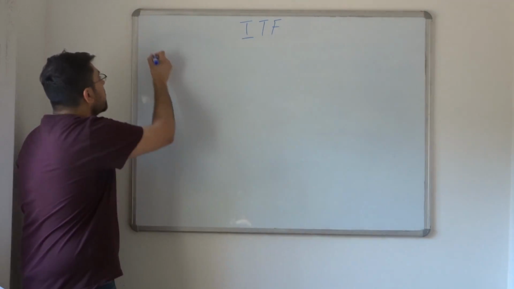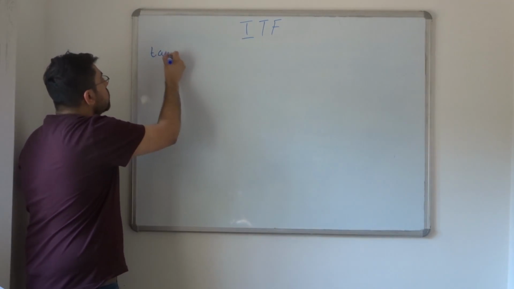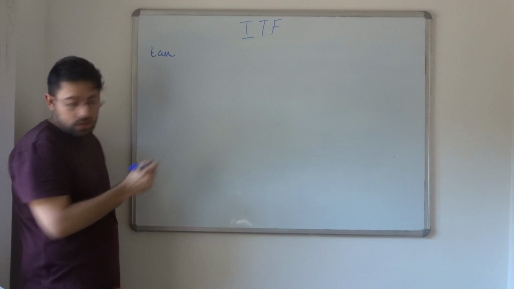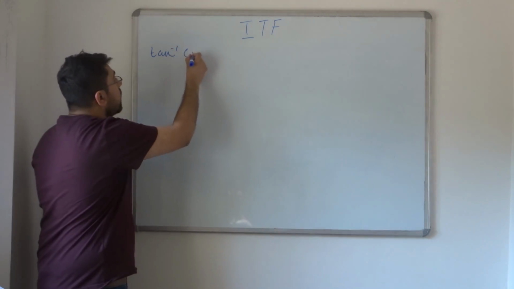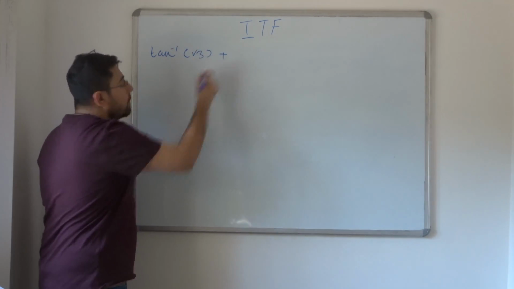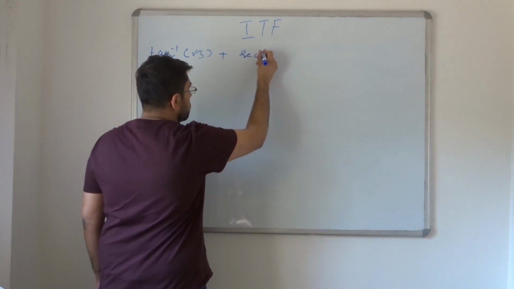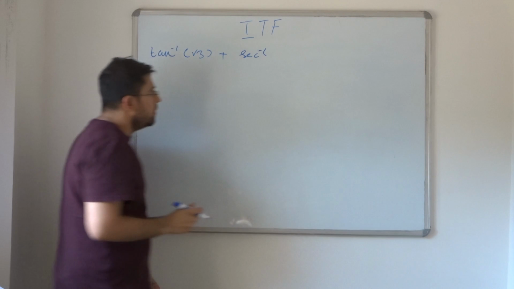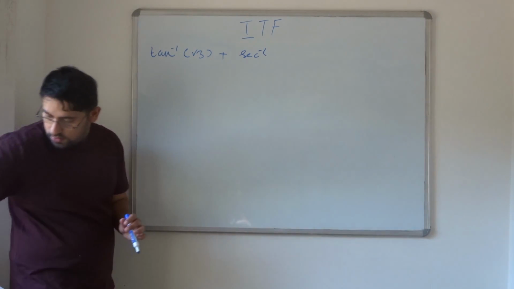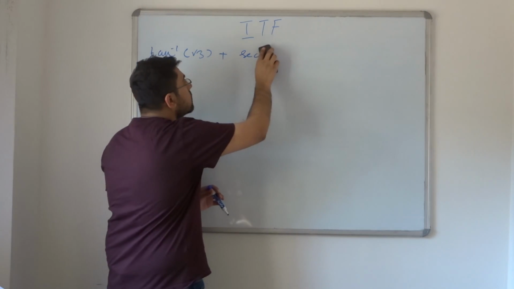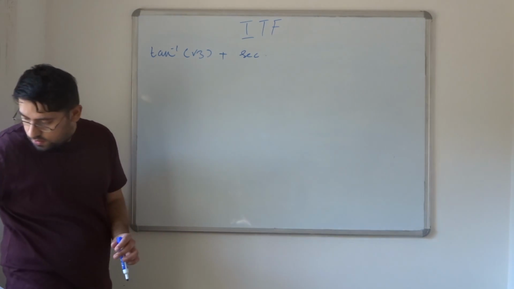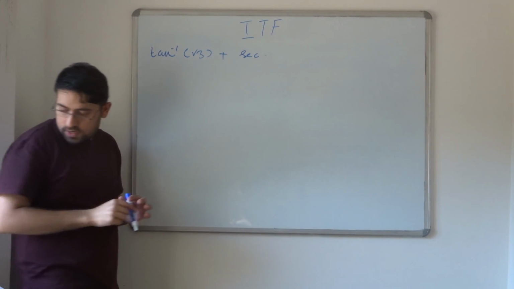Okay, so this is the next one now. tan root 3 plus sec. Okay, what is it? Sec negative 2.